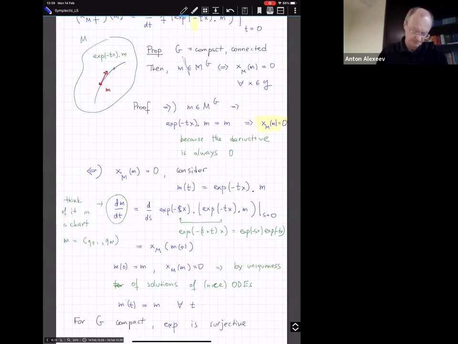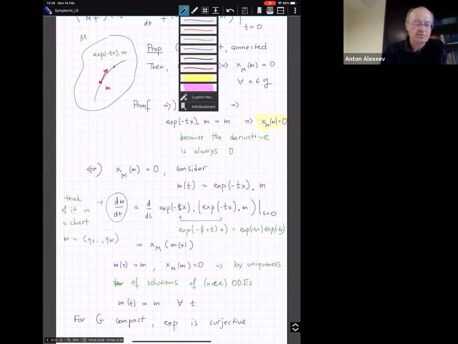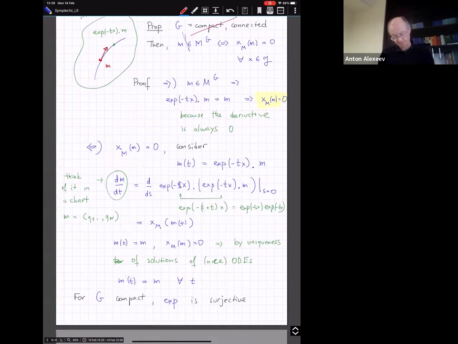But in fact, I didn't explain much, and maybe you know it, maybe you don't, about the geometry of groups. In fact, the argument would also work without the compactness assumption. This is just because I wanted to complete the proof with something that we know.